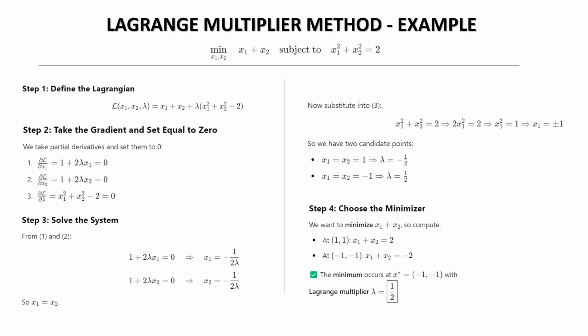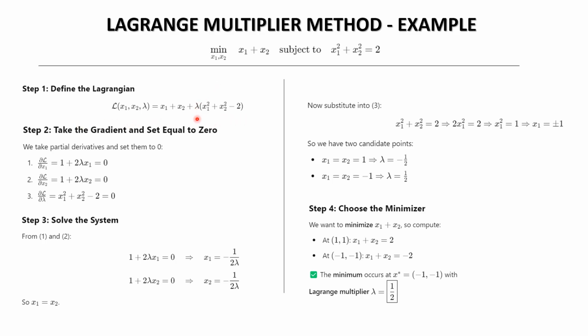Now we can consider an example of the Lagrange multiplier method, in which we need to minimize the function x1 plus x2 subject to x1 squared plus x2 squared equal to 2. At first, define the Lagrangian: our function plus lambda multiplied by our constraint.